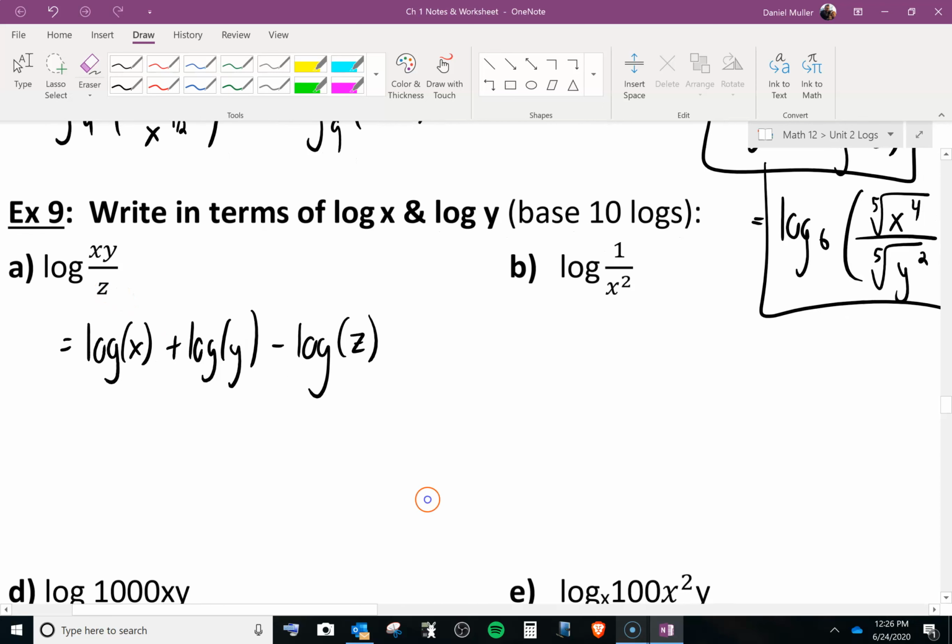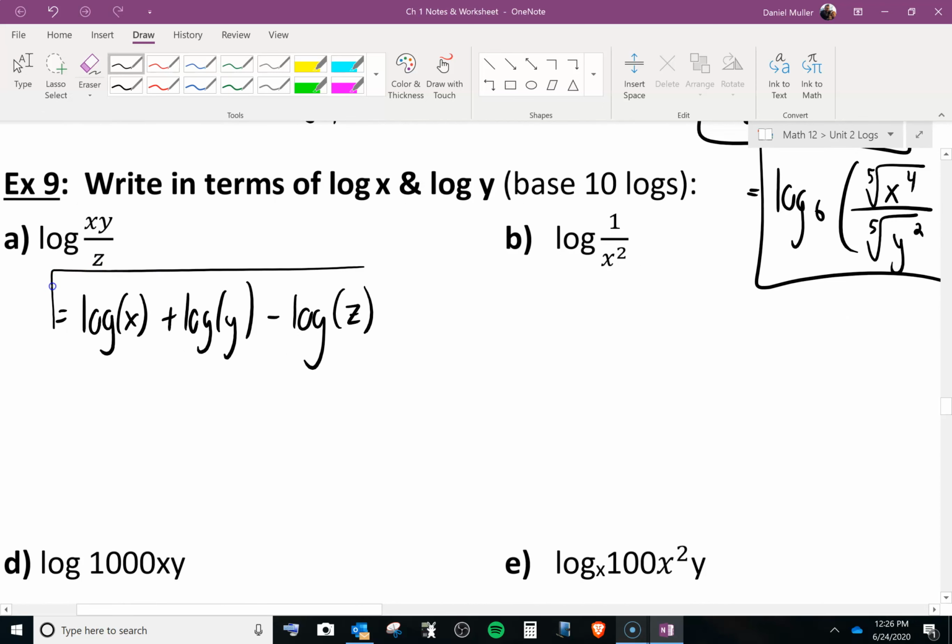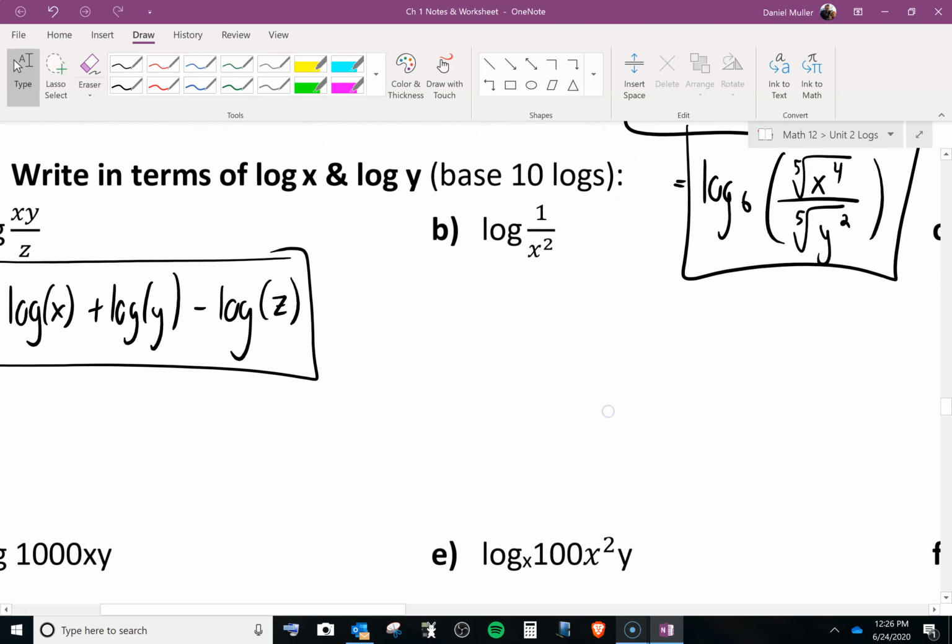And that's all there is to it. So that's what we're looking for. Obviously, this one is really straightforward, and they will get a little more complicated, but for now, that's how that works. So this one would be log 1 minus log of x squared.